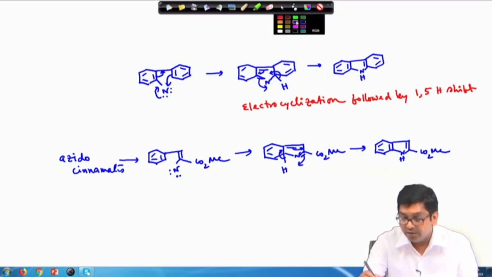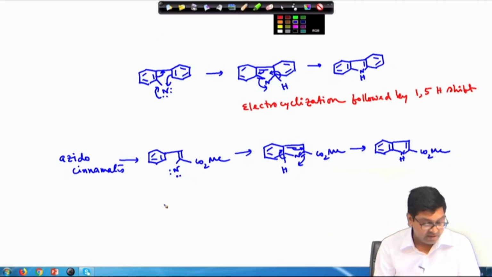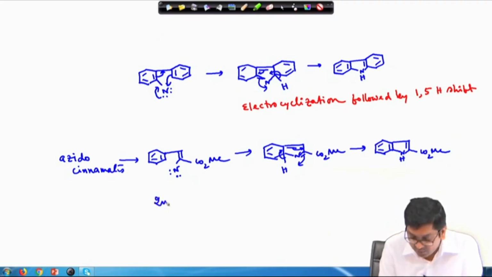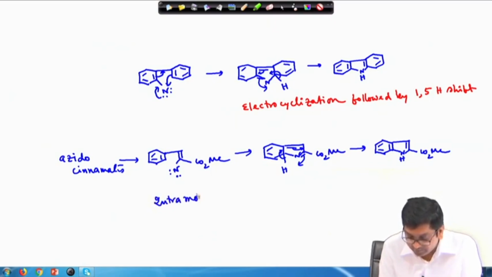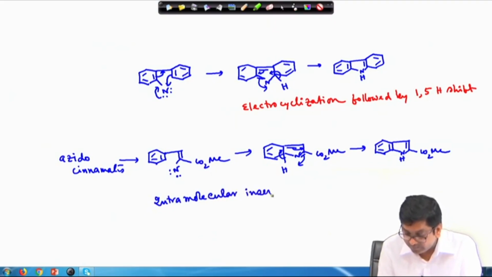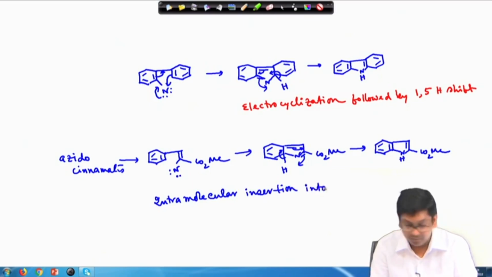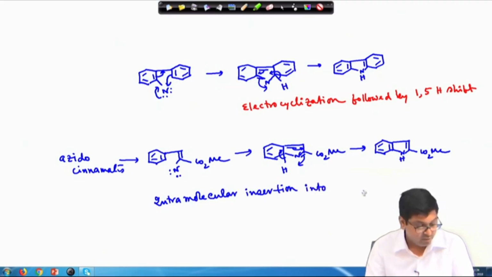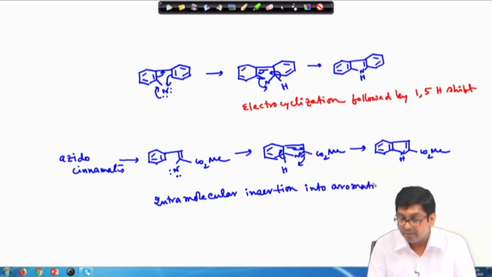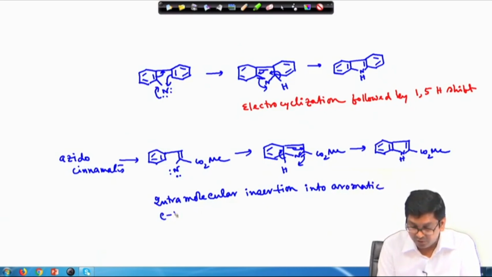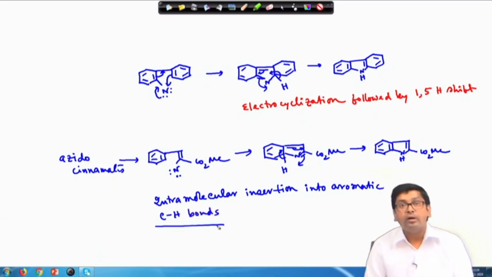however, we can give one example, this is intramolecular insertion into aromatic carbon hydrogen bonds. Okay.